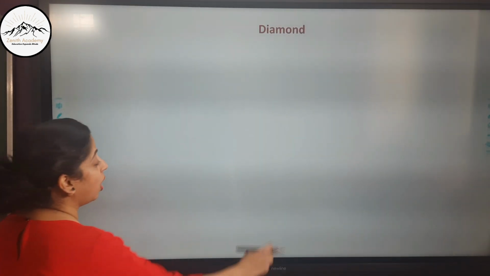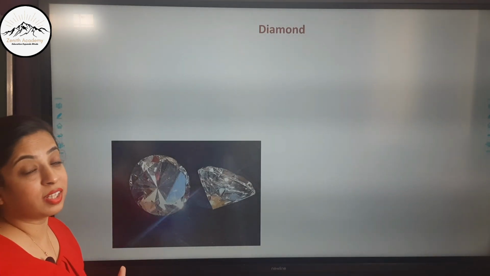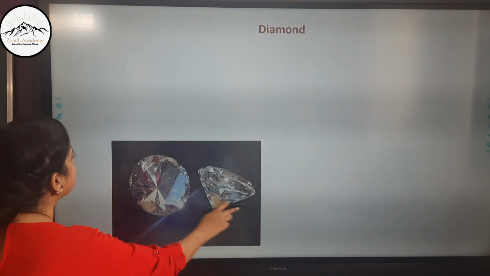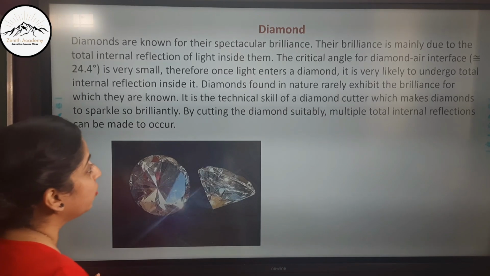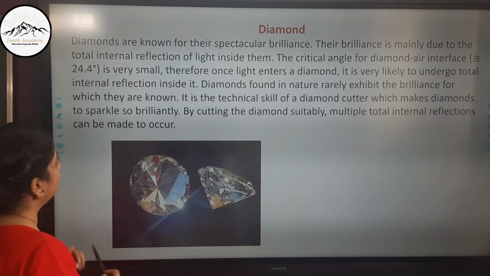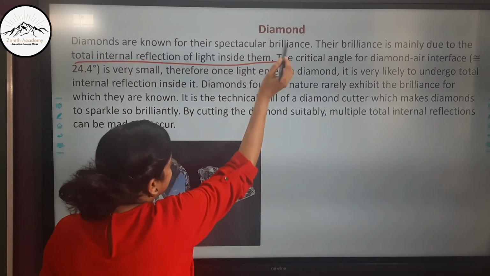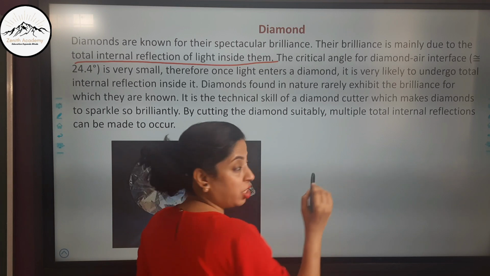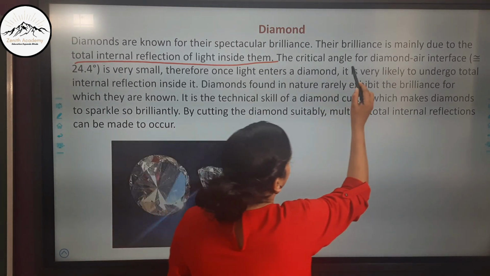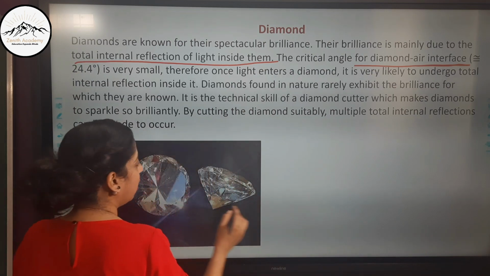Now let's talk about diamonds. We all know that diamonds are known for their spectacular brilliance. Their brilliance is mainly due to total internal reflection of light inside them. Now children, you should always remember that the critical angle for the diamond-air interface is 24.4 degrees, which is very small.